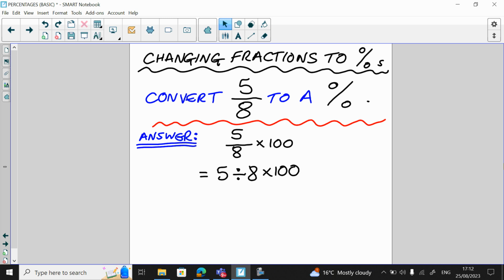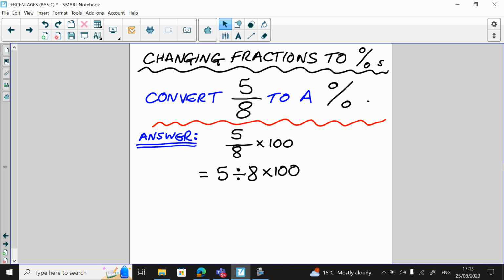So this is where you grab your calculator. 5 divided by 8 times 100. Pop it into the calculator, and the calculator will give you a number back. It's probably going to be a decimal here, but remember to put your percentage sign on it.